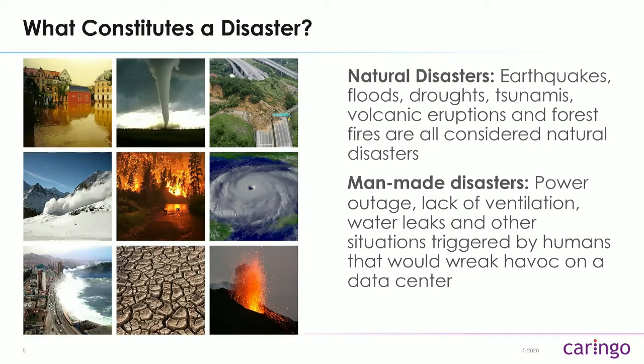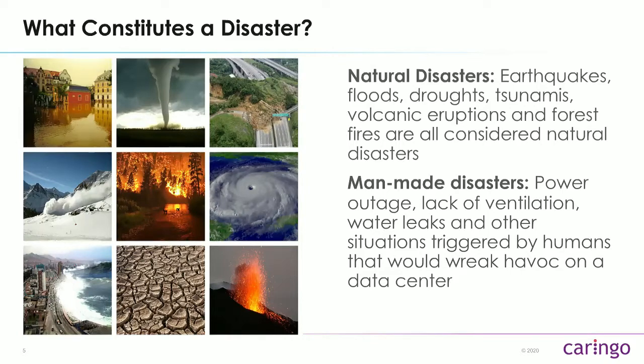So what's a disaster? You may have various disasters in your own lives and in your own summers, but we are really talking about natural disasters and man-made disasters. Natural disasters like earthquakes, volcanoes, floods, droughts, anything that could hit your office or your data center where your servers are located.